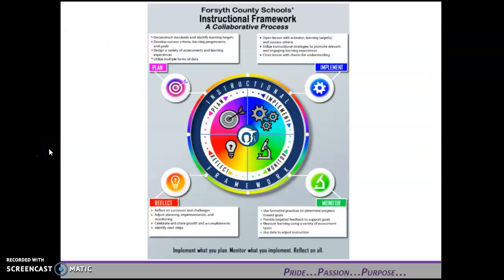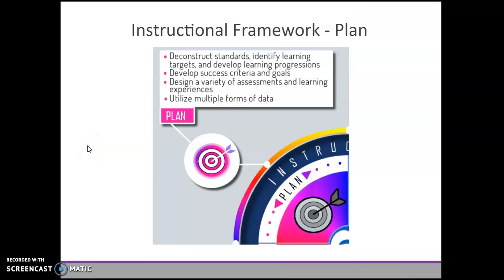From pre-planning, we learned that our county focus is on intentional strategic planning with the instructional framework. So our work today will fall into the instructional framework. The first part of the instructional framework is the planning phase, and our work with content collaboration teams will charge us to review our standards and learning targets, establish success criteria for student learning, and design assessments that measure student learning.